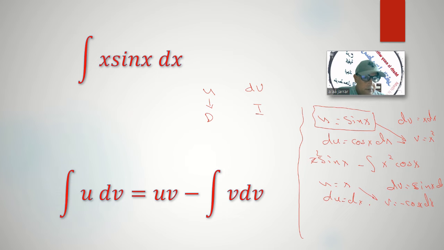Now u times v will be minus x cosine x, minus the integral of v du, which will be minus cosine x dx. And here it will be easier because you use the correct u. This is what we will discuss in this lecture.